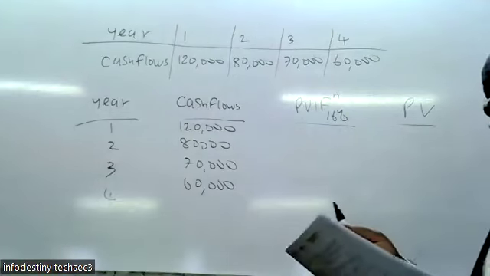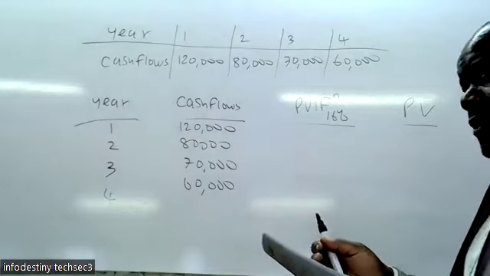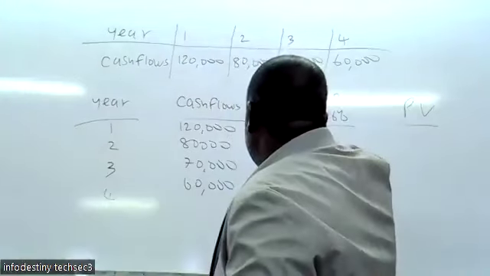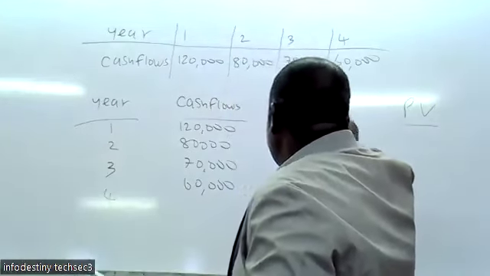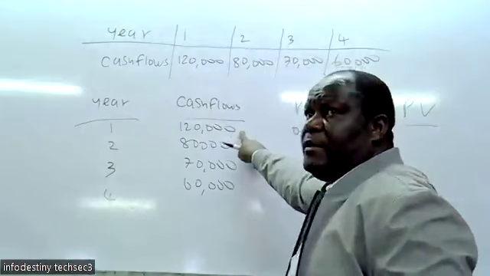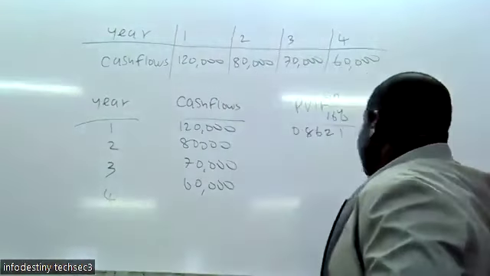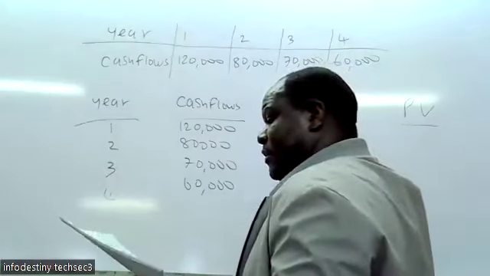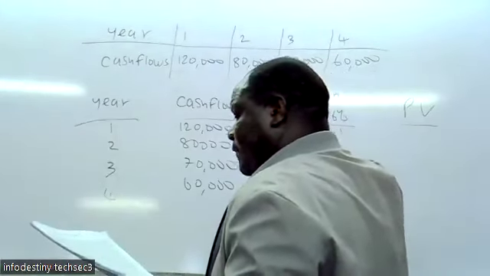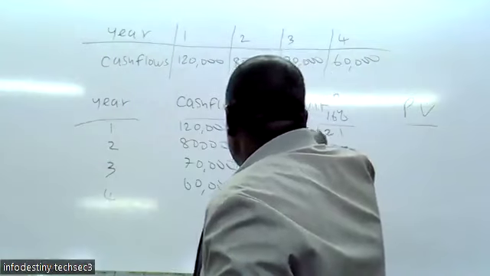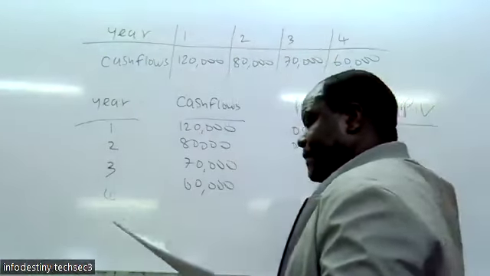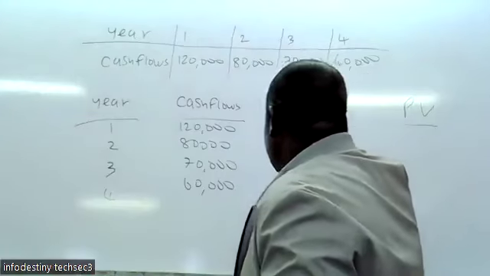Yeah. So move downwards under that column. Year 1, it is 0.8621. So you multiply this figure by the cash flow to get the value for that. Then you go to year 2. Year 2 is 0.743.